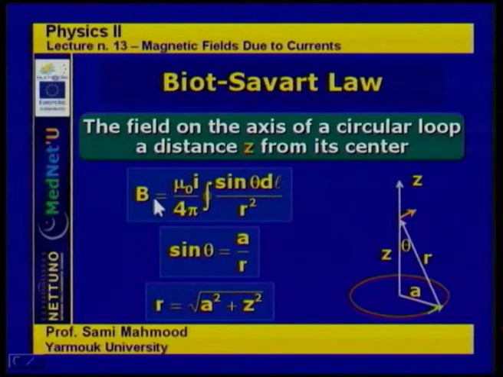And the z component is B equal to mu naught I over 4 pi times the integral of sine theta times dl over r squared, and sine theta is a over r, where r is the distance between the point of interest and the element of the current, and is equal to the square root of a squared plus z squared.